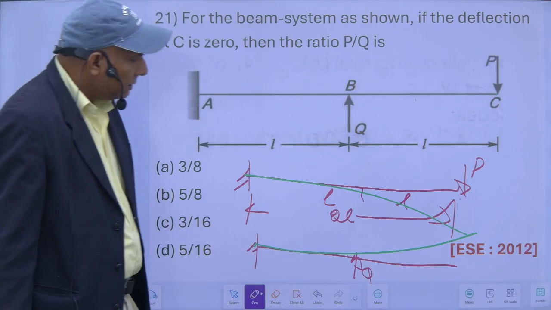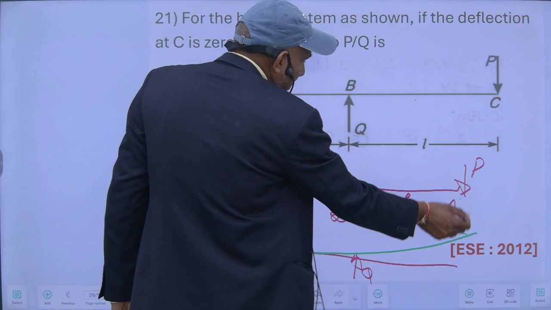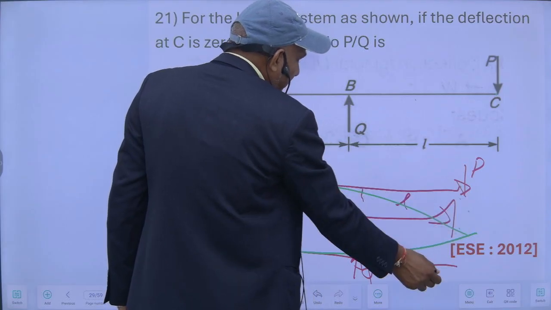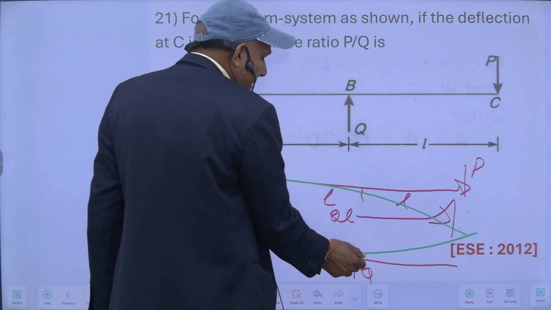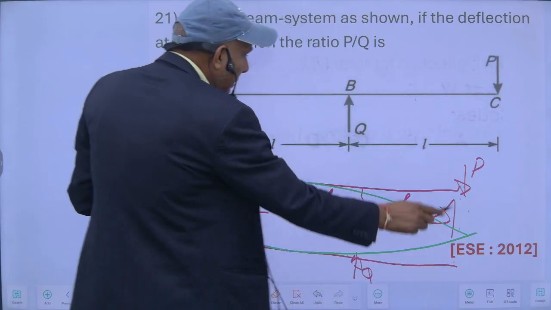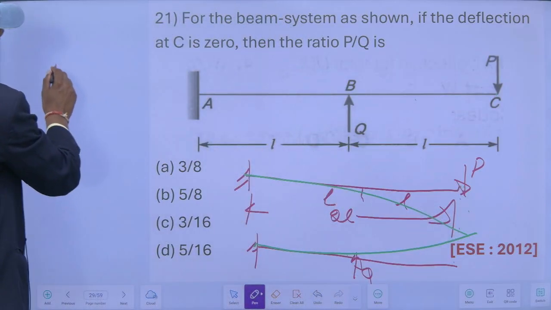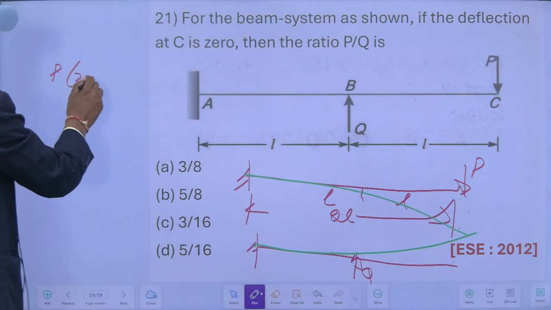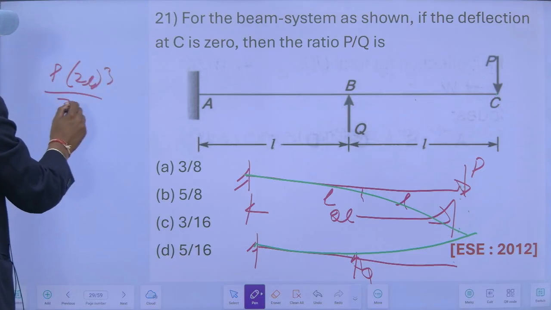It means my deflection because of this P at this point is equal to the deflection because of this Q. Now this deflection will be P into 2L cube upon 3EI, this is the formula.